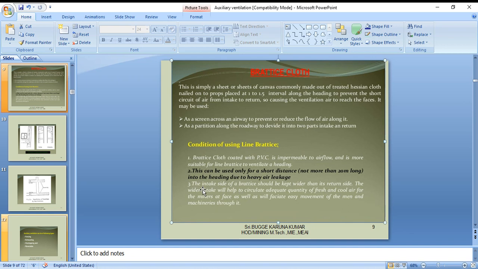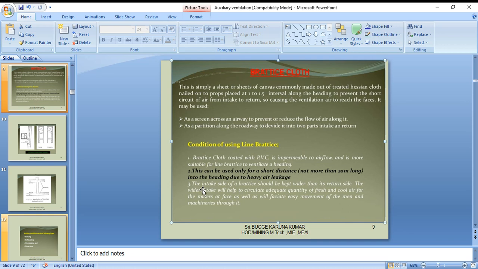Conditions of using line brattice. Brattice cloth coated with PVC is impermeable to airflow and is more suitable for line brattice to ventilate a heading. This can be used only for a short distance, not more than 20 meters into the heading, due to heavy air leakage.